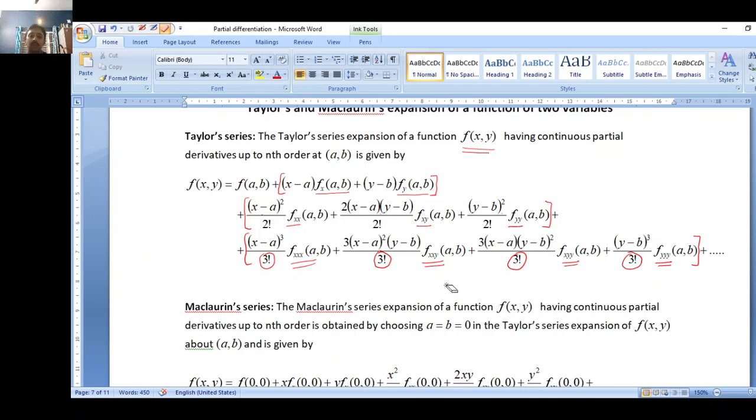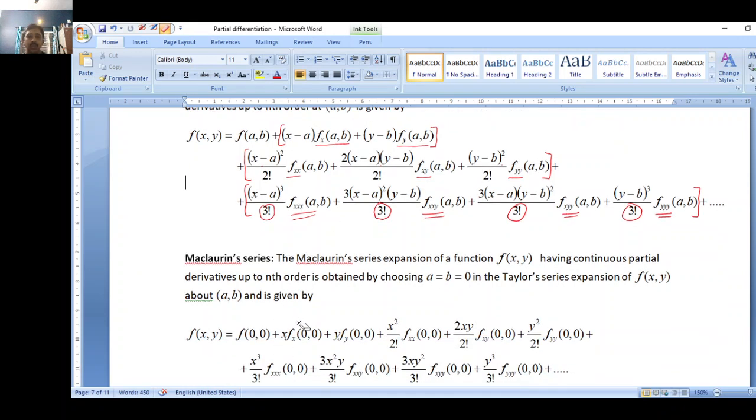So what you have to do for the Maclaurin's expansion is that you take up the same expression, okay, and in this expression replace every a and b by 0 comma 0, and that will automatically give you the Maclaurin's expansion. So as you can see, the Maclaurin series expansion looks much simpler compared to the Taylor's expansion because you have chosen a and b to be 0 and 0.